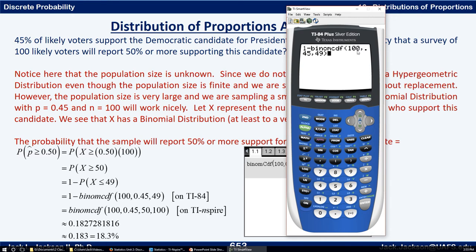You just have to know the same numbers in the right order. It's the number of trials 100, comma, the probability of success, 0.45, comma, the x value, not a p hat value, but an x value of 49, which corresponds to 1 less than 50%, and that's what we're subtracting from 1 there. So this should give us the correct probability, about 18.3%.